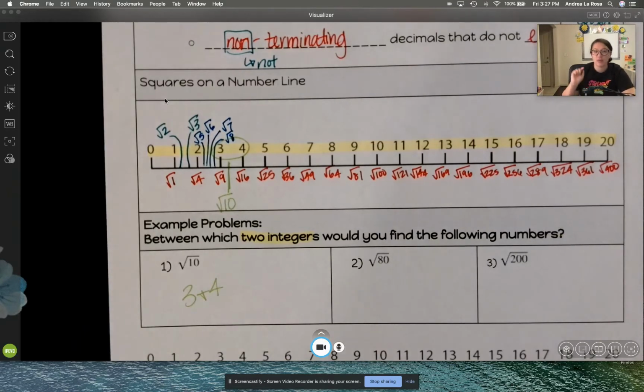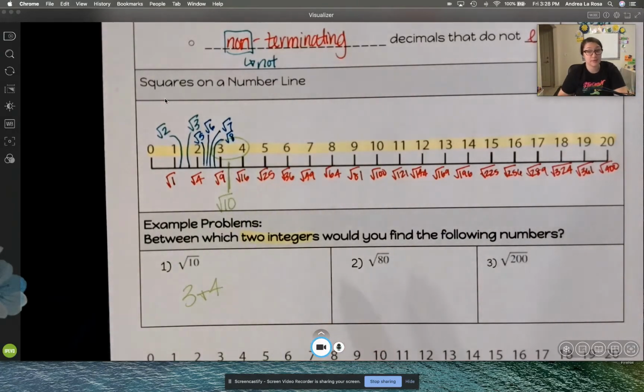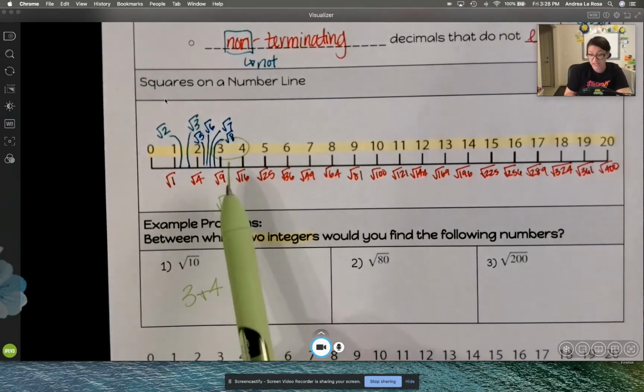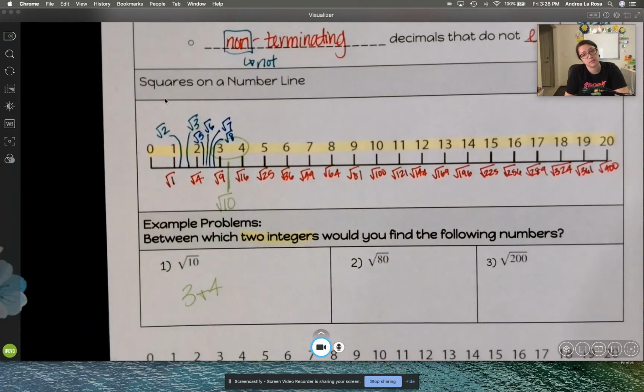Okay, now I want you to put your idea in the chat. Which one do you think it's closer to, 3 or 4? If you've got an answer or an explanation, also type that in there. Why would you say 3? Why would you say 4? I'm going to pause just a second and give you some time to type that in the chat.